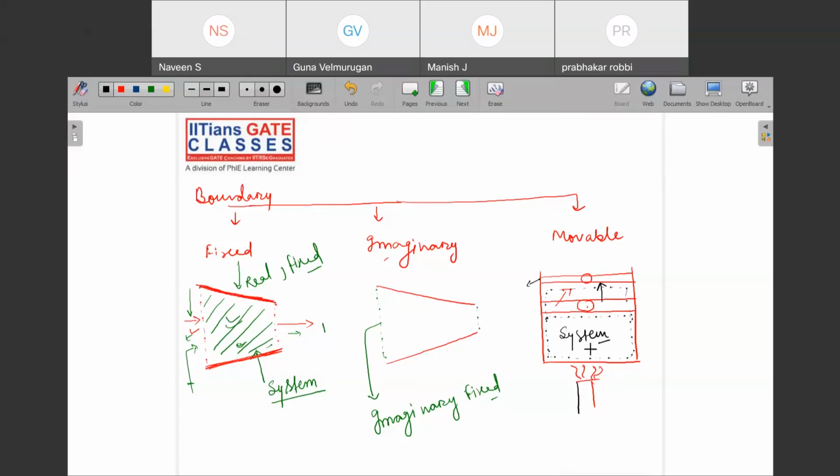So now can you see that earlier your system boundary was this one, but now your system boundary is this one. So can we see that this boundary is nothing but movable? Okay, so I hope all of us are through with the imaginary boundary, the real ones, the fixed ones, and the movable ones. Okay, next.